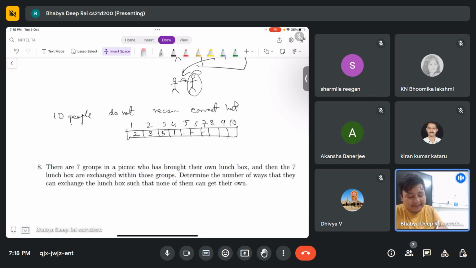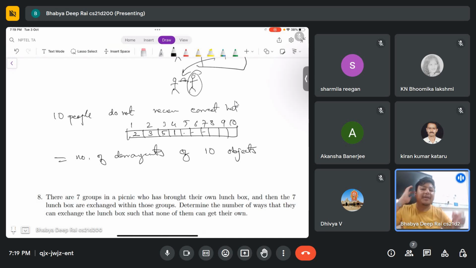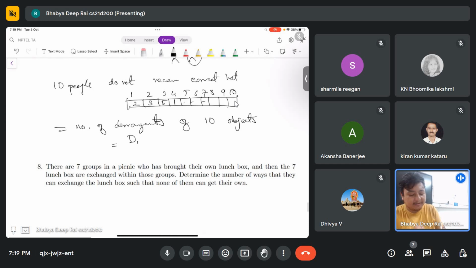This is exactly the number of derangements of 10 objects, the number of ways in which 10 objects are distributed such that they don't fall into their correct place.